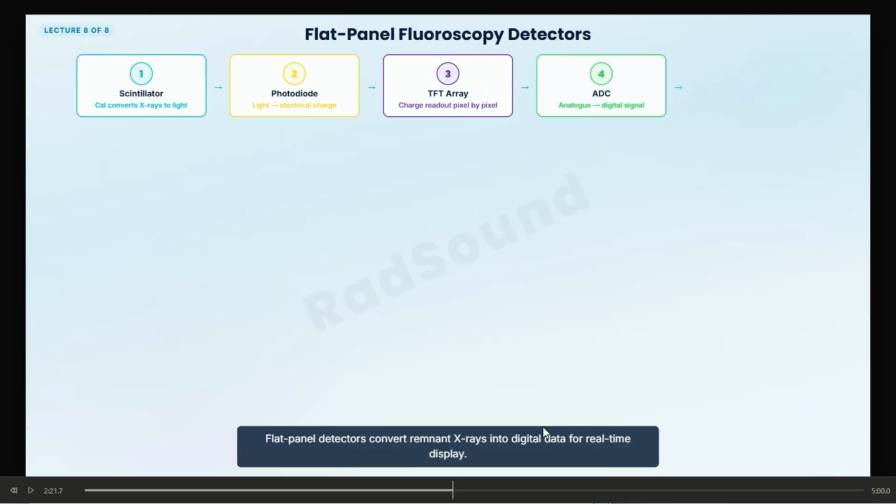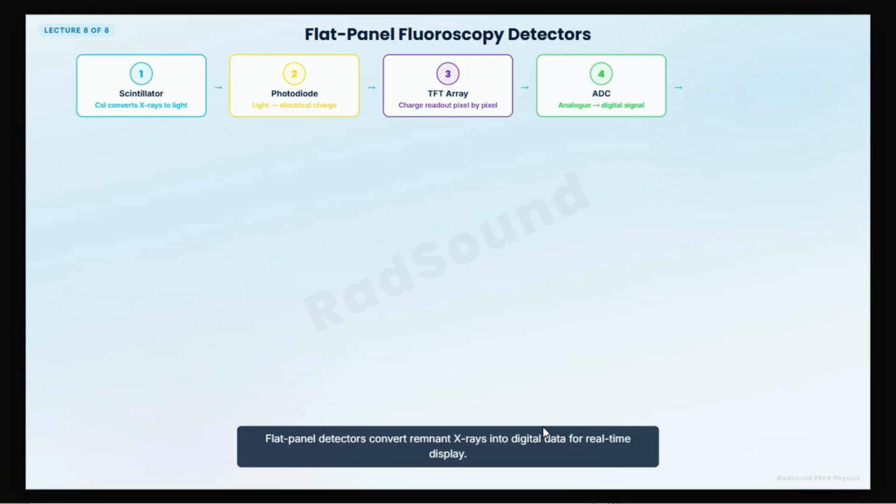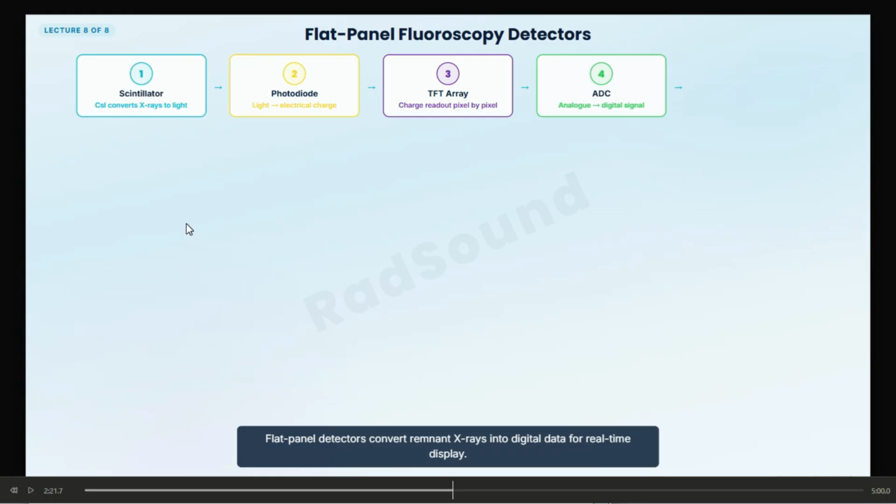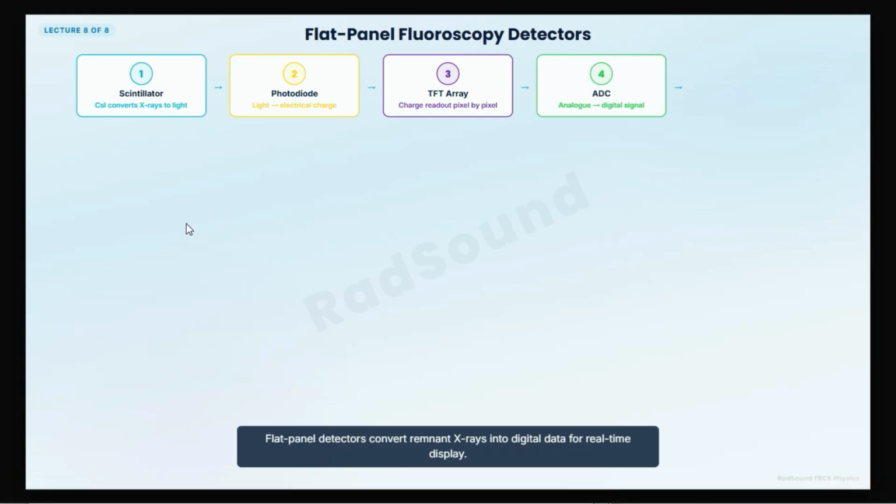In a flat panel detector, the remnant X-ray is converted into digital data for real-time display, as you know, in fluoroscopy. So we are using a scintillator. The scintillator is made from cesium iodide, similar to the input phosphor of the image intensifier. That scintillator converts the X-ray into light. Then the light is converted by a photodiode, not a photocathode.